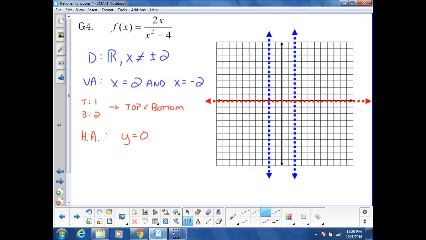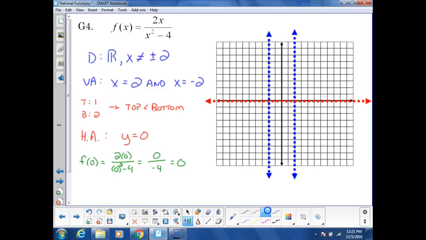Then I've got to figure out what f of 0 is, right? So that's going to be 2 times 0 over 0 squared minus 4. So that's going to be 0 over negative 4, which is 0.